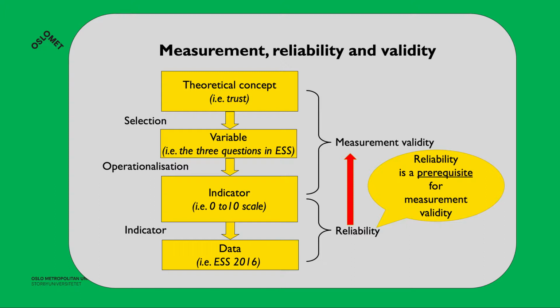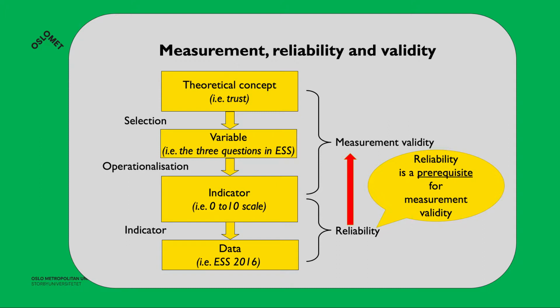And of course we find these indicators in the data, and the data we use are European Social Survey 2016. Or we go out and gather this data. We use these questions and these indicators to ask people, and we get the data. And the data we already have because we have European Social Survey 2016.